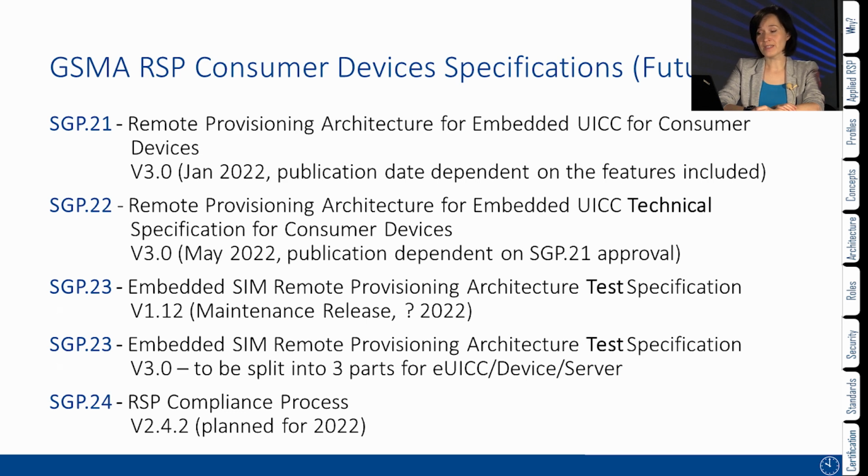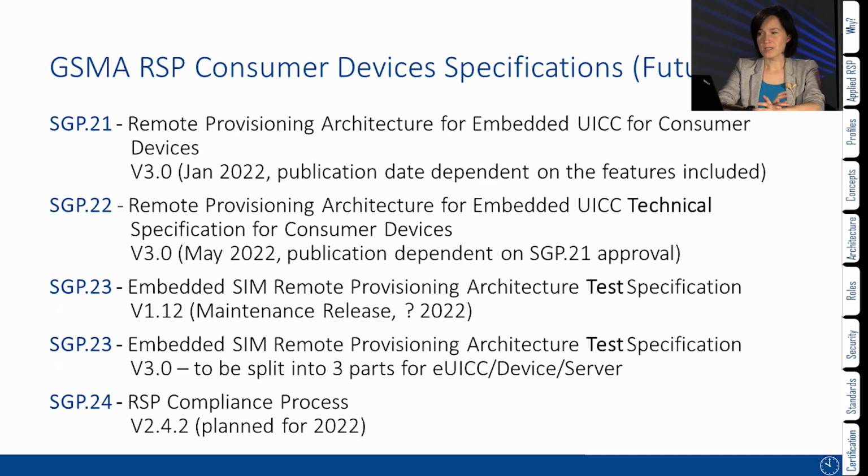And then there will be a difference. Currently we have all of the specification details in one, and the SGP23 contains almost 700 pages, which is already huge, and it's very difficult to maintain this.